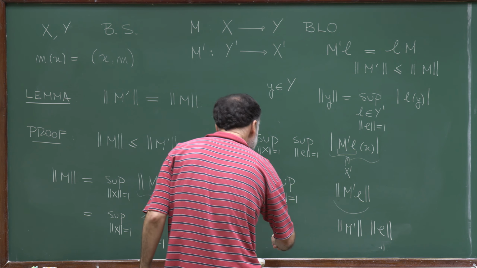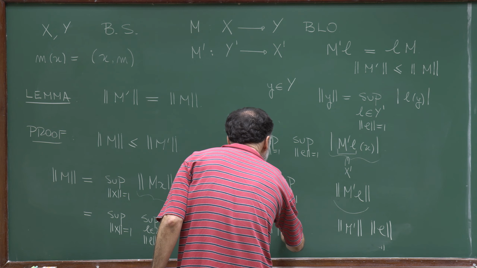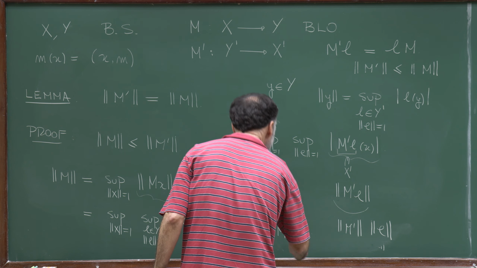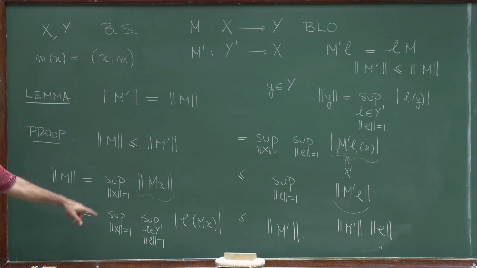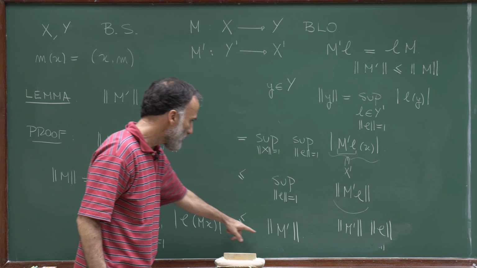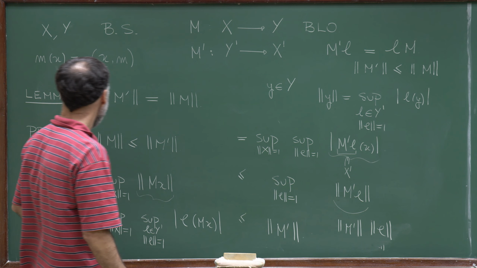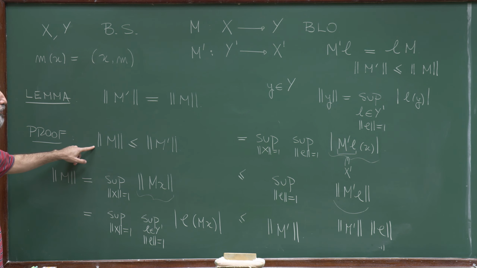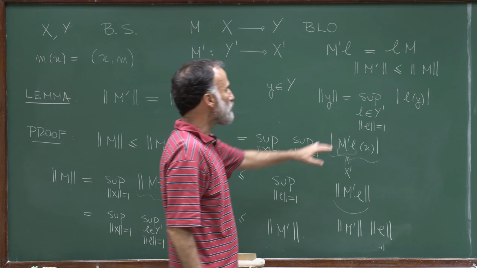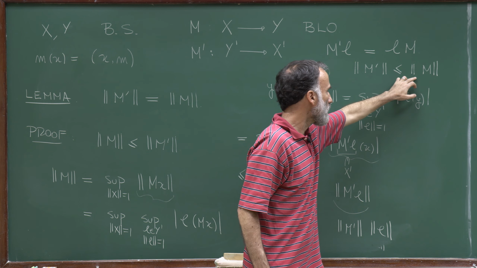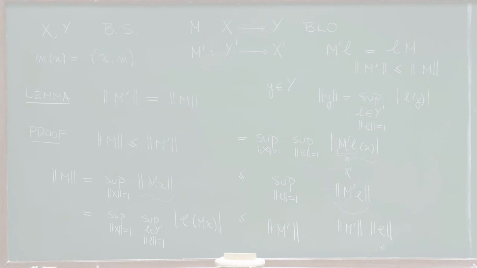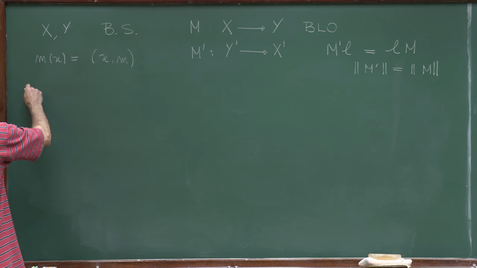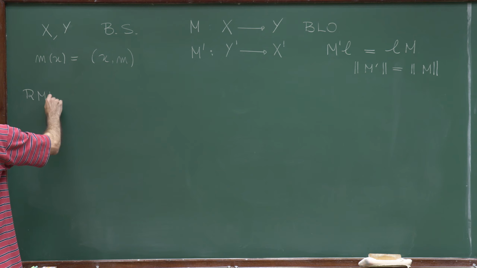And so this expression is actually bounded by the norm of M prime. So now what we get is that the norm of M is less or equal than the norm of M prime. And this is exactly what we wanted to prove. Since we already proved that the norm of M prime is bounded by the norm of M, we have indeed the identity. So now let me just make a remark.